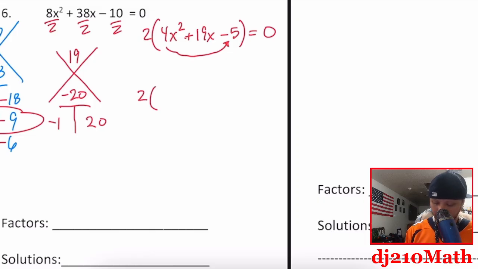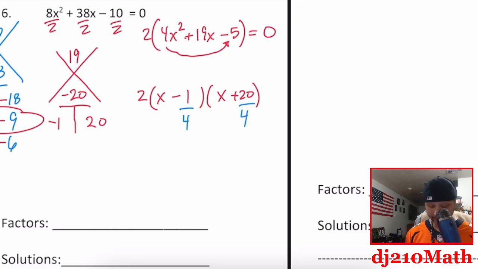So these go right into the factors. This is going to be x minus 1, x plus 20. Then we divide out. What are we dividing out? The 4. So the factors, 2, 4x minus 1, x plus 20 divided by 4 is 5.